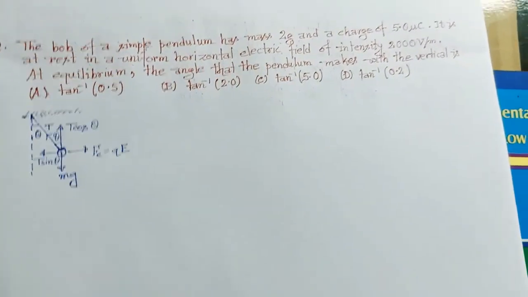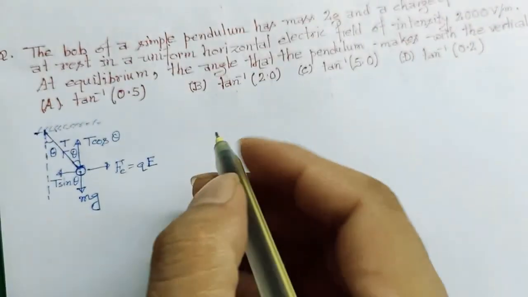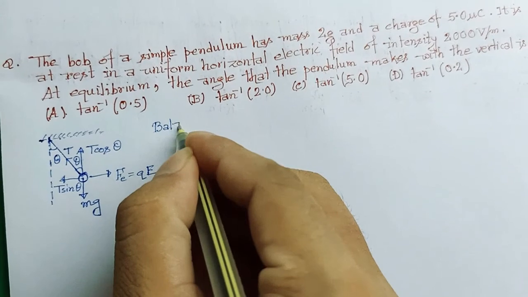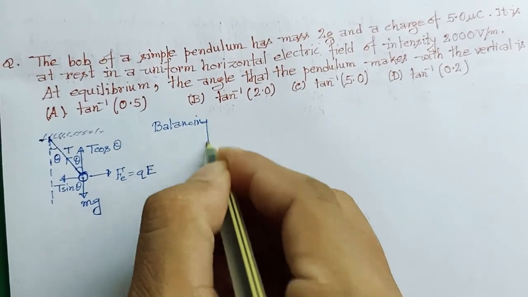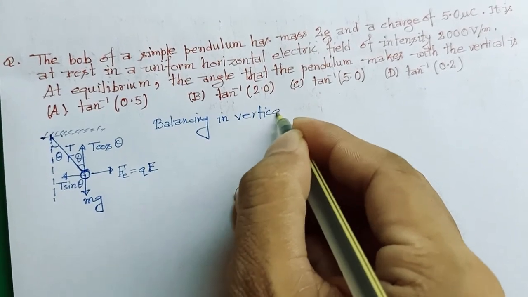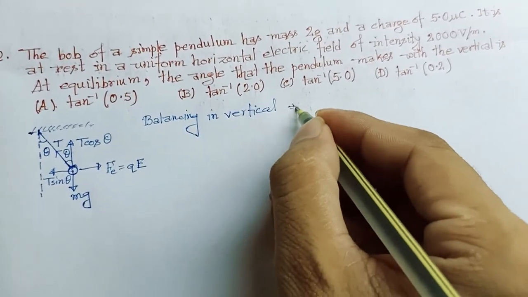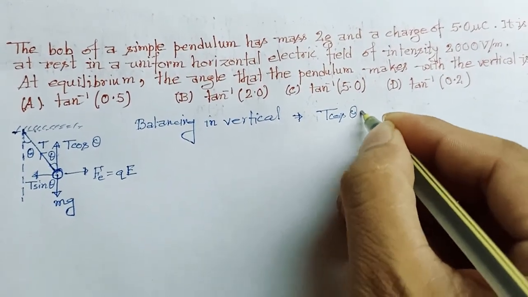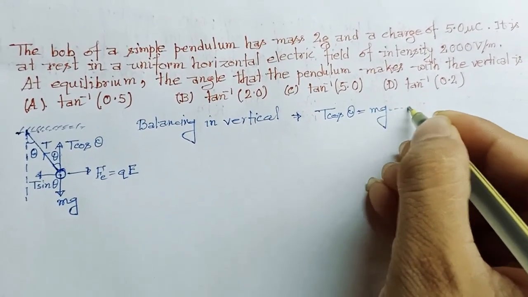So balancing in the vertical direction gives us T cos theta equal to mg. This is our equation number 1.